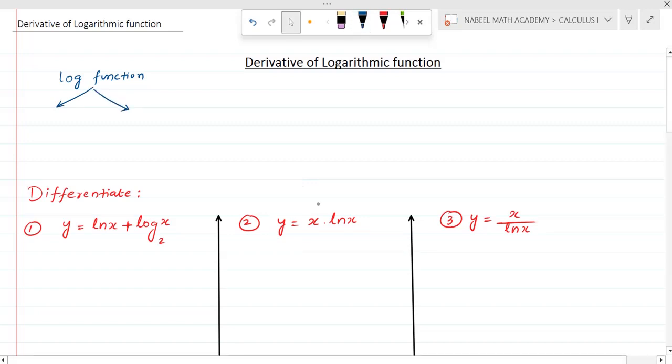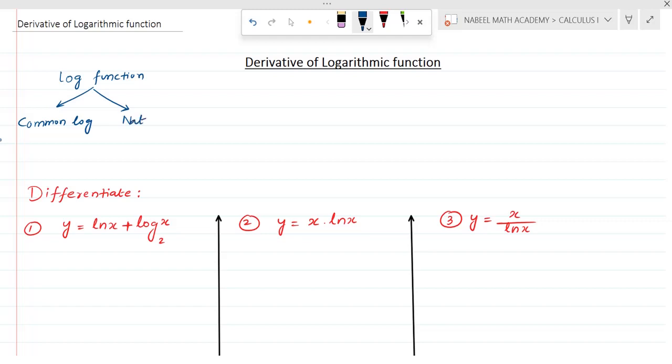What is the meaning of common log? Here we will have a common log and this is the natural log. What is the difference? When you say log x, it's a common log. When you say ln x, it is a natural log.